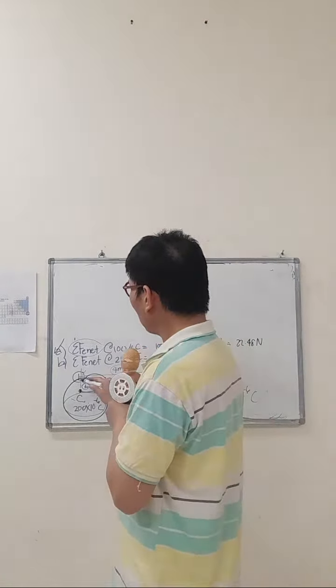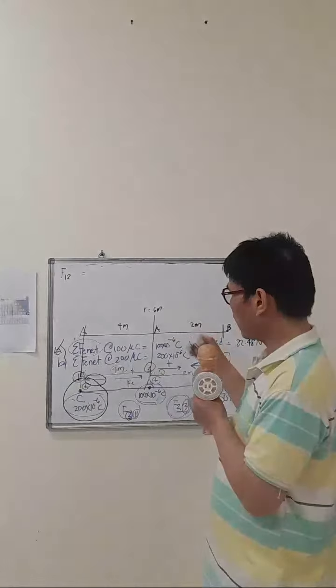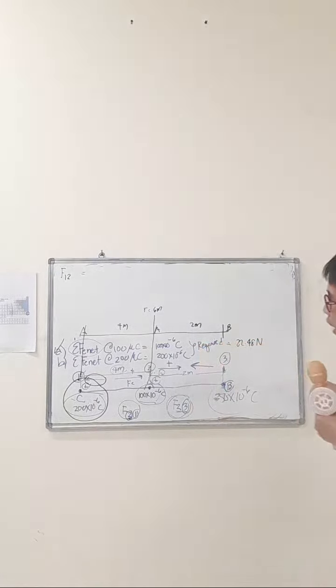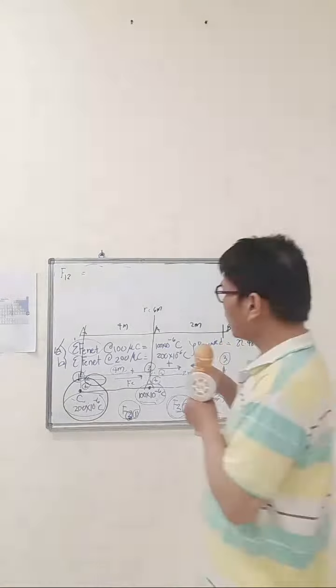So how much is your distance? This is 2 meters plus 4 meters, equals 6. So this is your R, 6 meters. And now for F12, your R is simply 4, so this is R12. And here also F13, so it's R13, distance 6 meters.